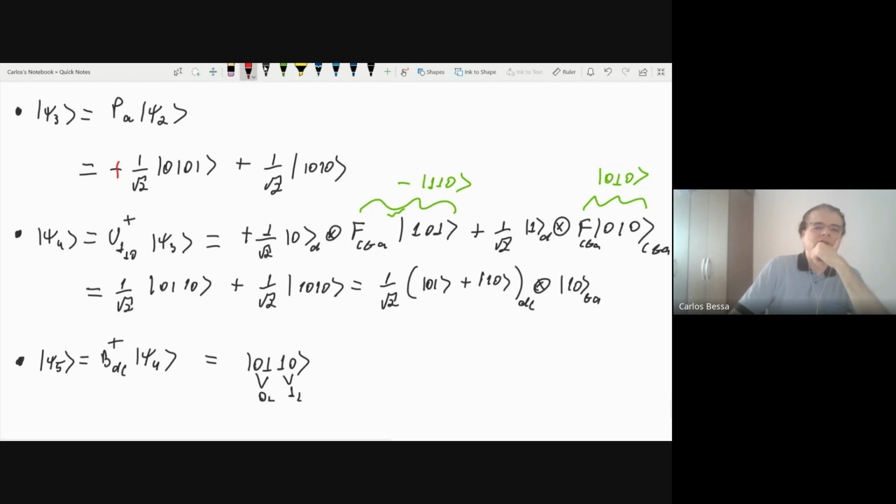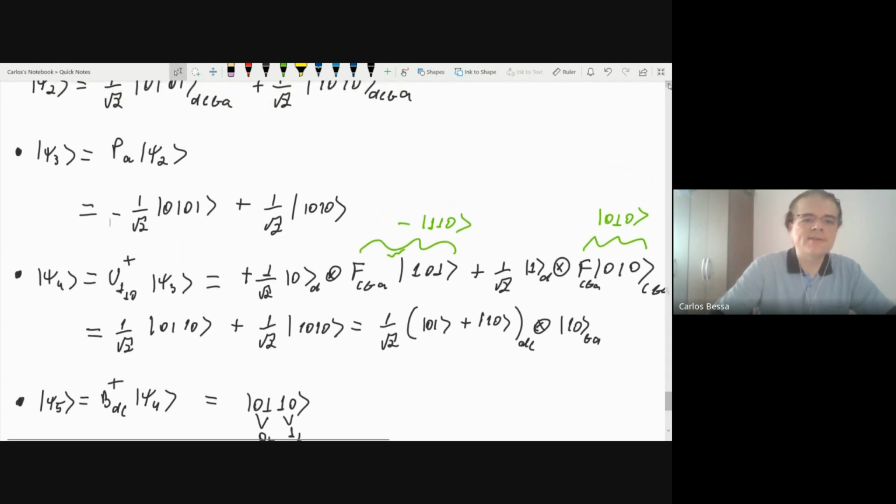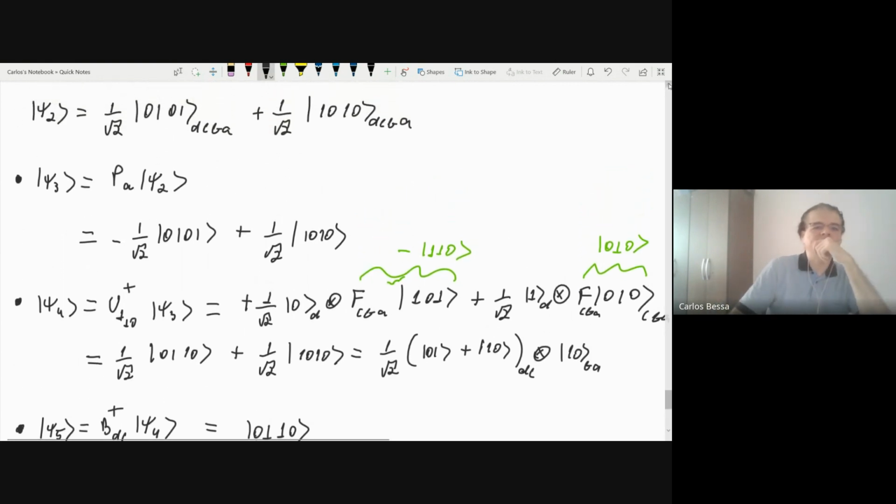And when we applied the predicate, okay, let's see what initially we did. Because we applied this phase shifter P here, this was plus and plus. P applied to a one-photon state is P of A, so we change this sign here, DCBA, DCBA.